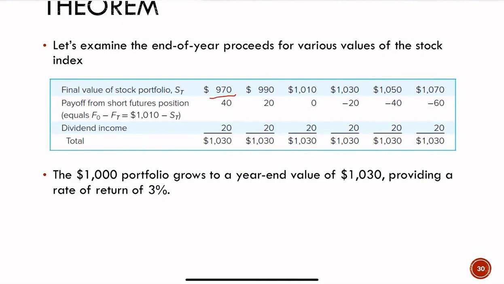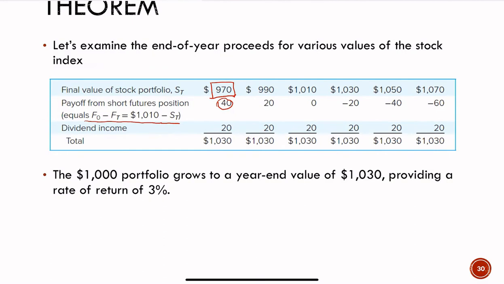Well, if your equity position has a value of 970, then because you have the short position in the futures, your payoff would be the initial futures price minus the final equity price. So here you will have a $40 profit.